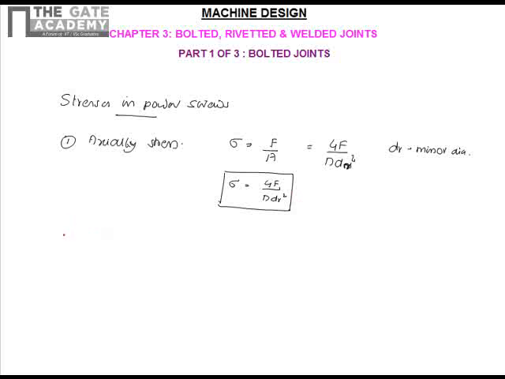Now the transverse shear stress tau will be equal to 3 by 2 V by A. This we have already seen. This is actually happening due to the bending effect.